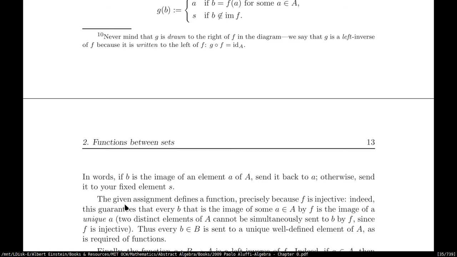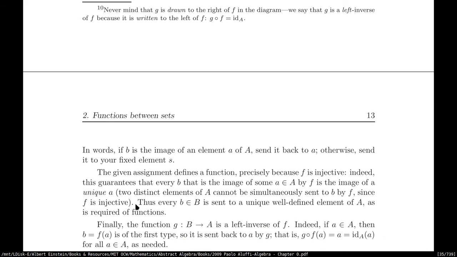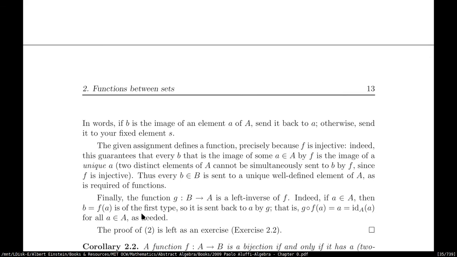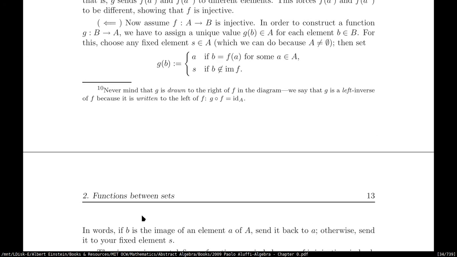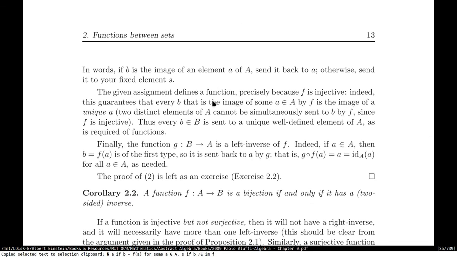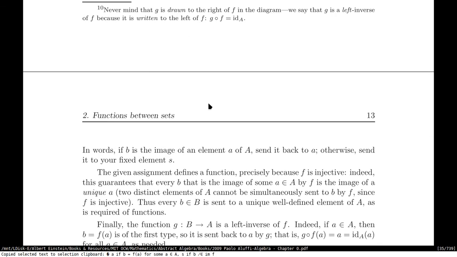So what this says is that every b is sent to a unique, well-defined element of A, as is required of functions, because of injectivity of f and because g is actually a function. So g happens to be the left inverse, because the second condition, giving us s, never actually happens.